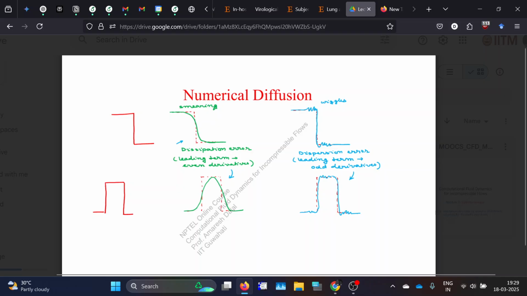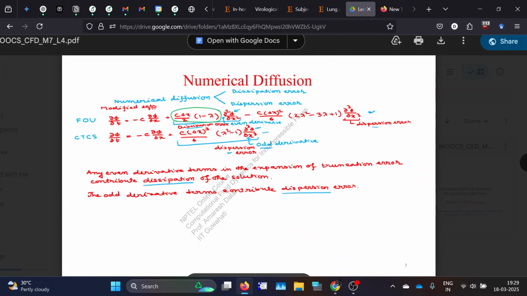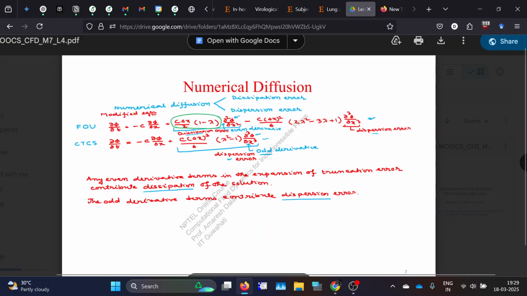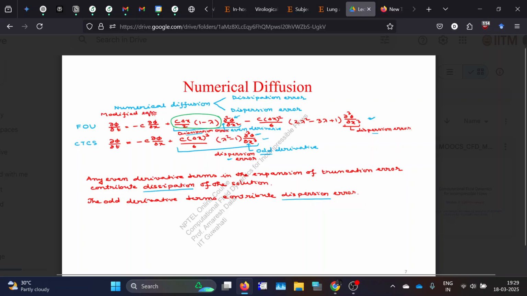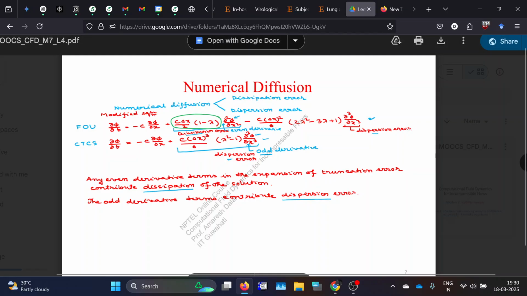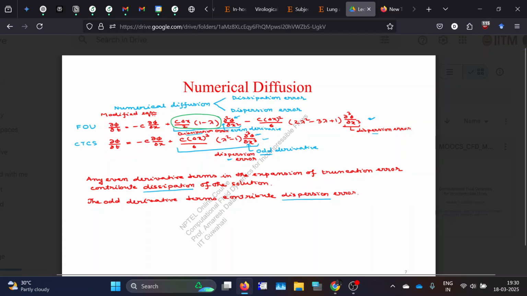They shouldn't have come. So in that investigation, it turns out that dou phi dou t equal to minus c dou phi dou x should have stopped over there, but there are these higher order terms giving me a few terms which are similar to viscosity terms, where I have the second derivative of phi and the third derivative of phi with respect to x.